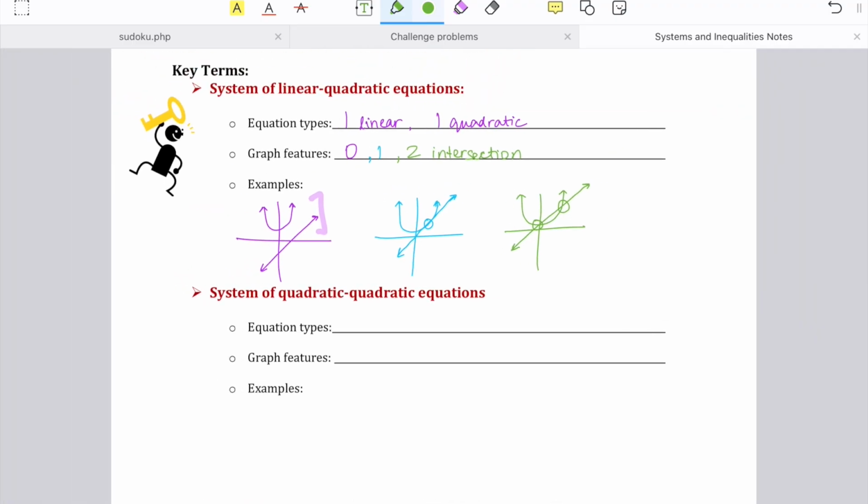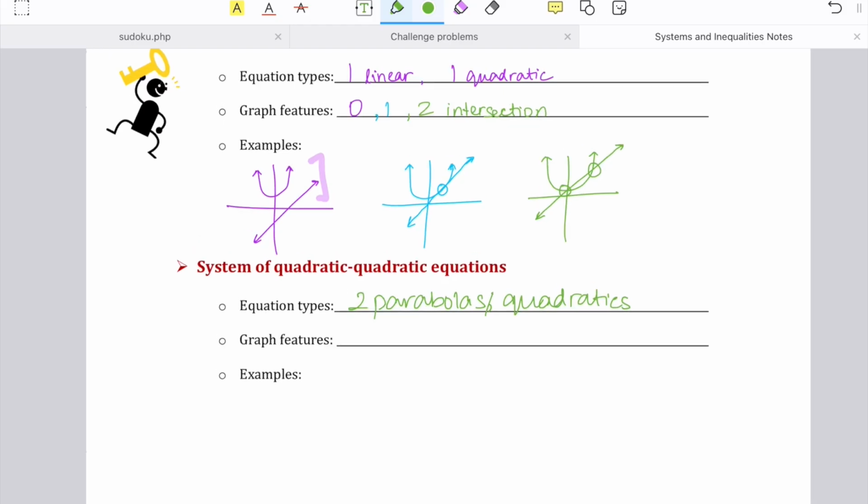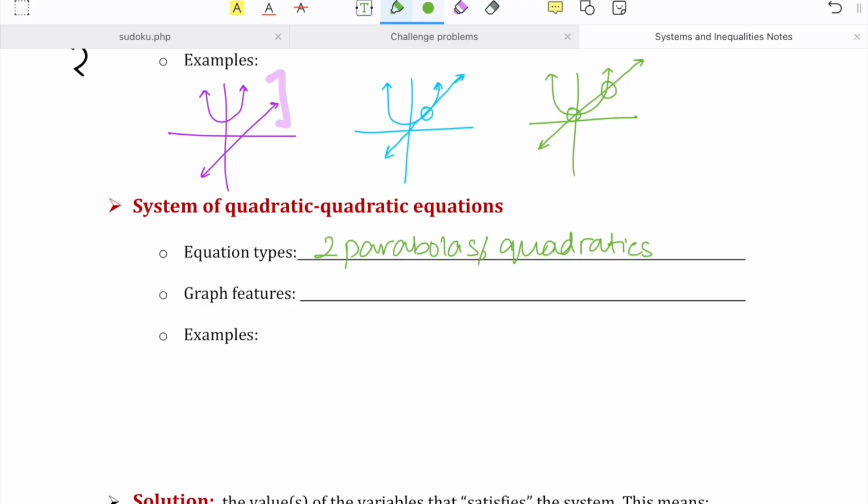Okay, when you have two quadratics, there will be two parabolas. Now the functions, there can be two parabolas that have zero solutions.